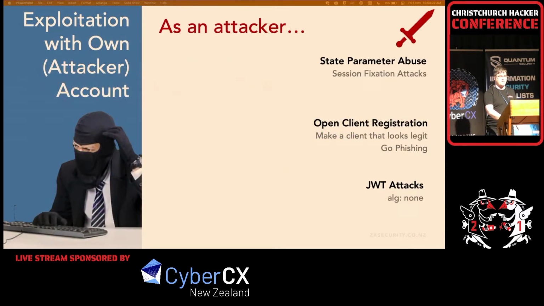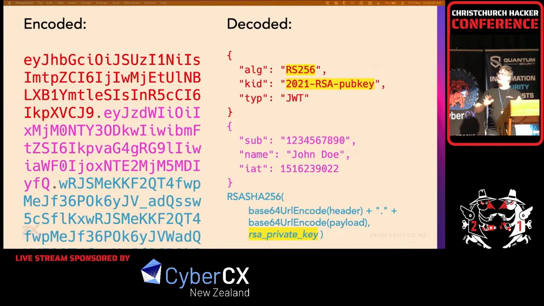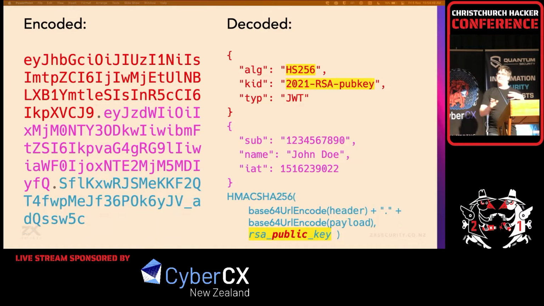The other popular attack you will see is key confusion attacks. There are quite a few different varieties of this as well, but one particular way you do this is, say you've got this JOT here, signed using an RSA key, this specific kind of key here, which you'll be able to look up using that OpenID Connect metadata. What would happen if we were to say, actually, this is an HMAC key, but use that RSA key that you can look up?